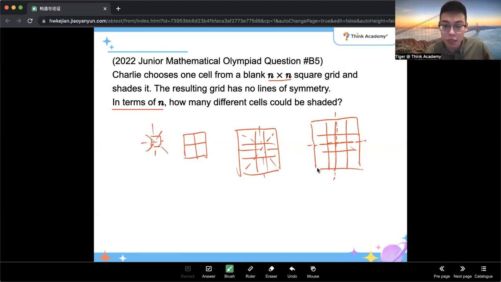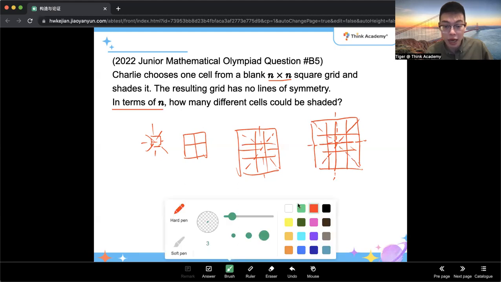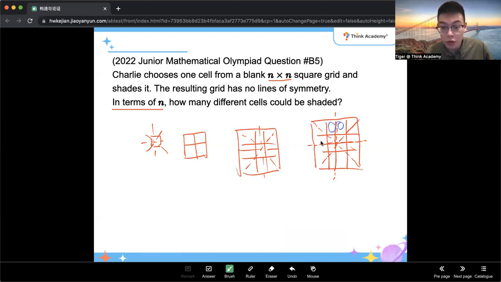So it seems more possible this time because the lines of symmetry are only going through these boxes, which means that I have 1, 2, 3, 4, 5, 6, 7, 8 boxes that I can fill in.